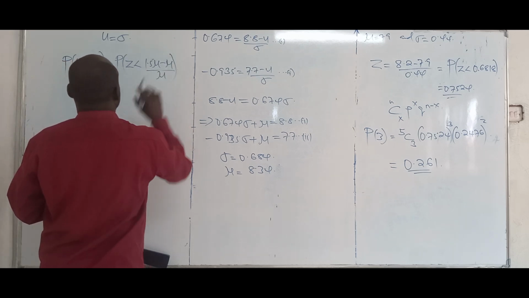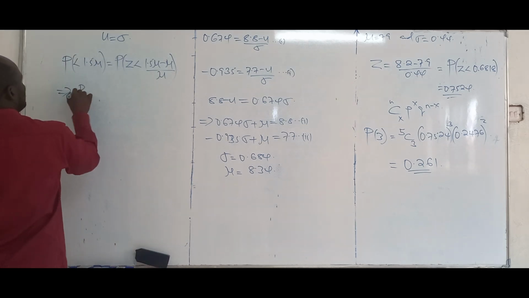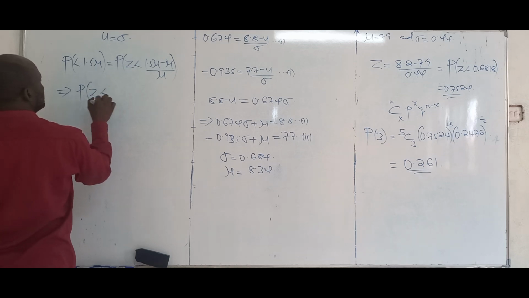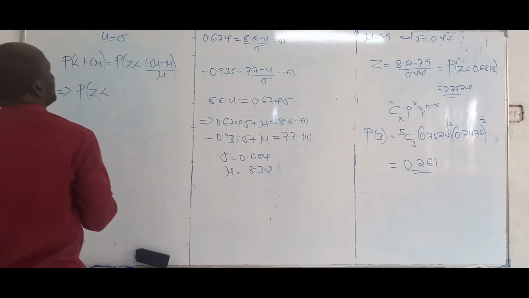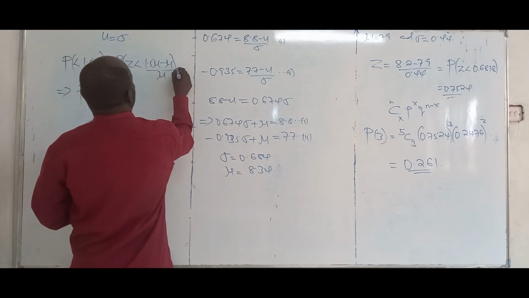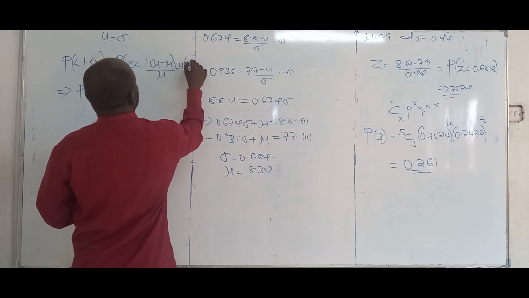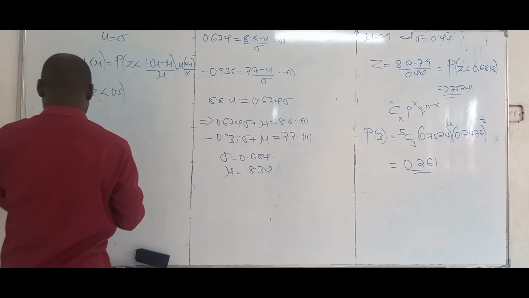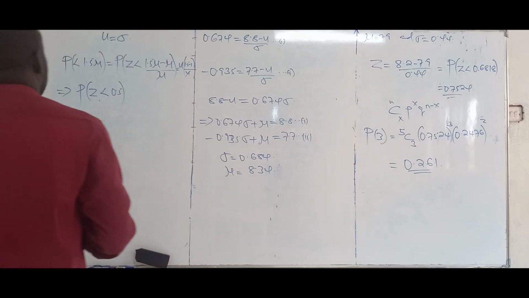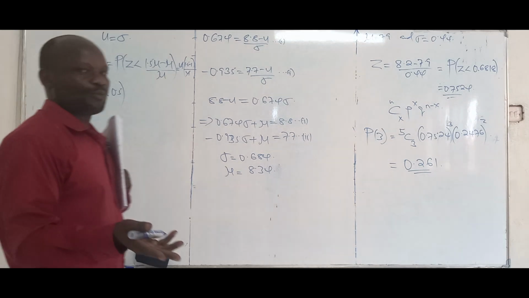And this should imply that the probability that z is less than 0.5. Well, I can factorize mu here so that I have 1.5 minus 1 over mu. So mu goes with the mu. I end up with 0.5. So it means that my z value is less than 0.5.